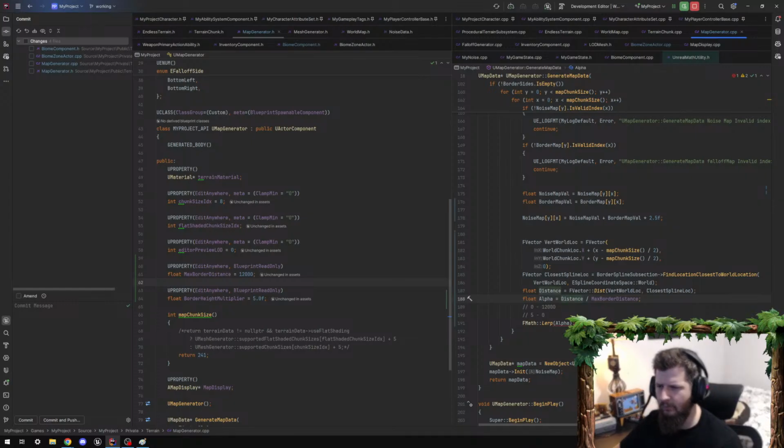I actually think I want to do a 1 minus here. I want to flip it. Distance divided by max border distance. I want to do 1 minus, and then I want to clamp this.